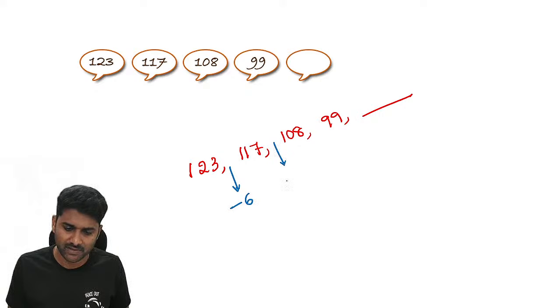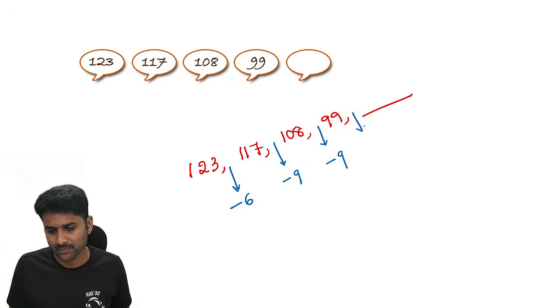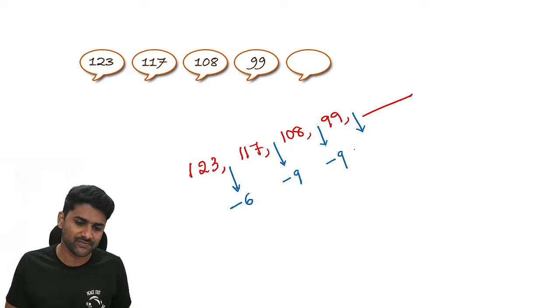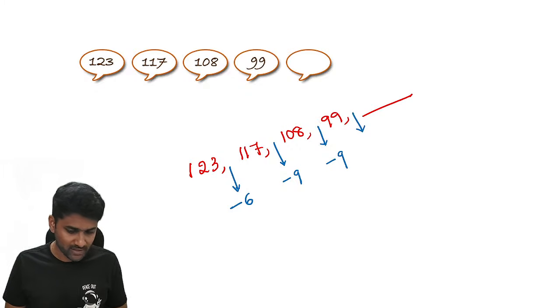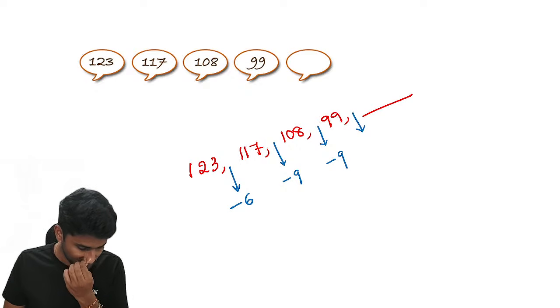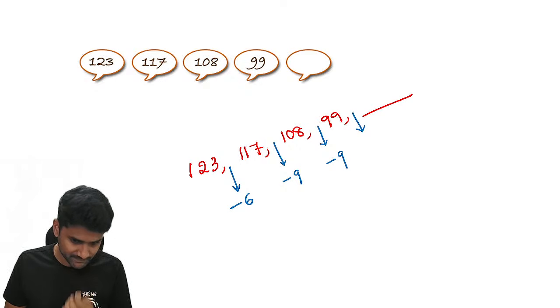From here to here, it decreases exactly 9 units. Again, it decreases 9 units. Can anyone help me out, guys? Which number should be subtracted from 99 to replace the question mark?